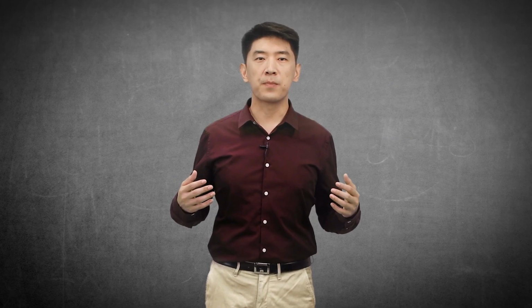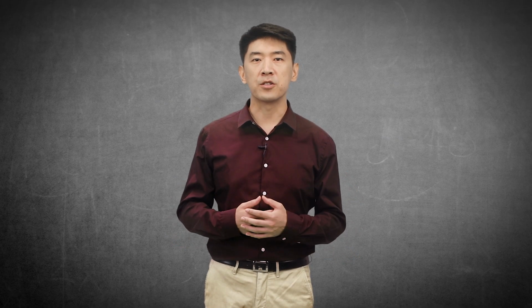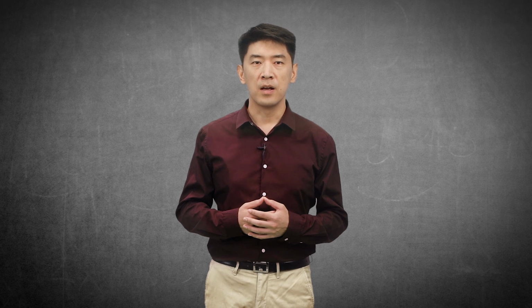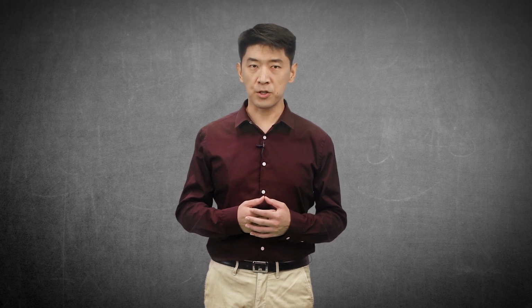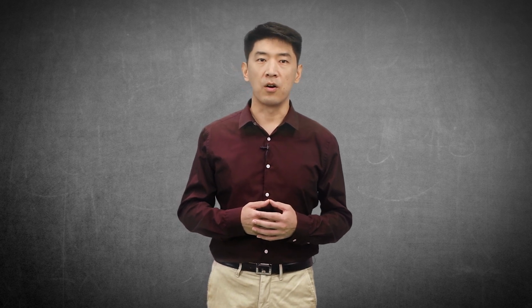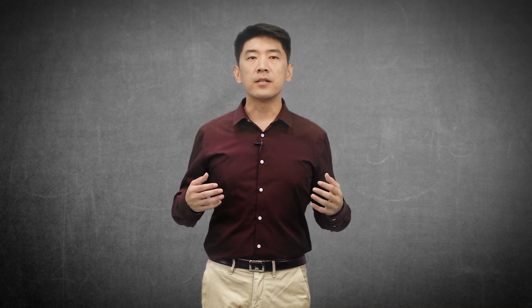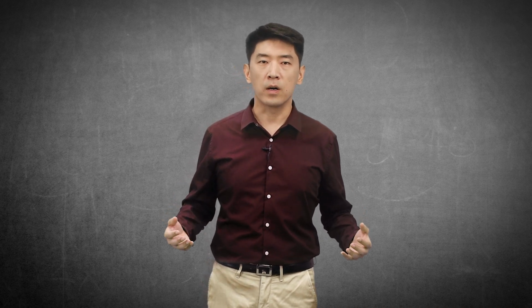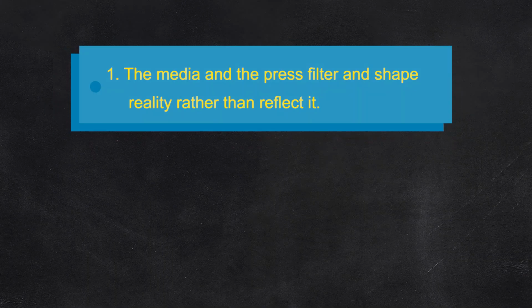The amount of time spent on an issue and the information relayed in a news story, along with the story's position, determine how much the public learns and the importance placed on the issue. The agenda-setting theory has two core assumptions. 1.